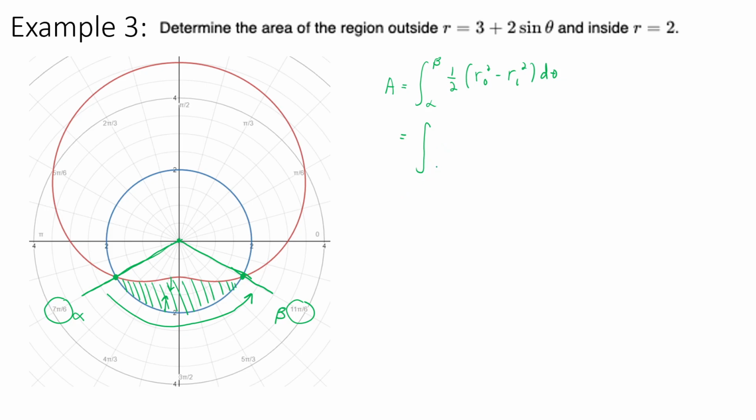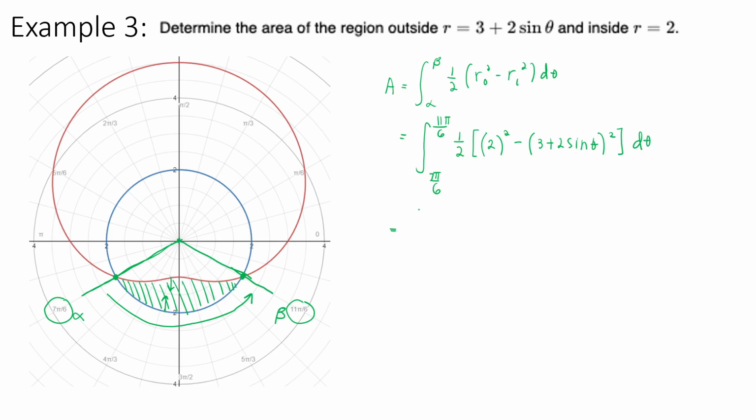So from alpha to beta, that will be 7 pi over 6 to 11 pi over 6. And then 1/2. Then again starting with the outer r first, that's 2 squared, then minus 3 plus 2 sine theta squared d theta.